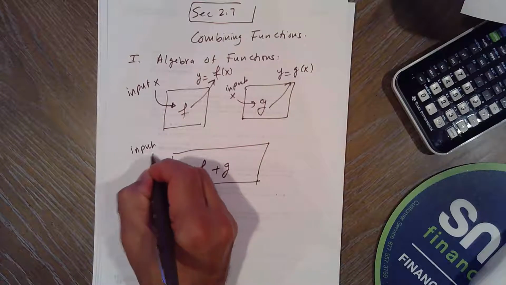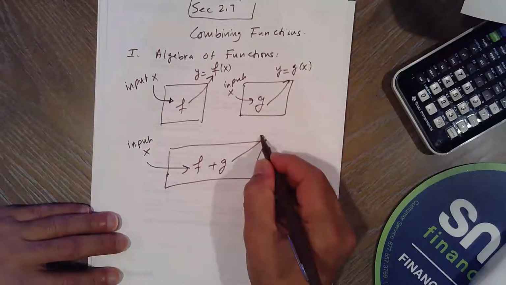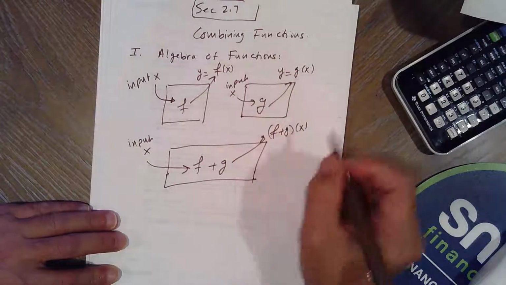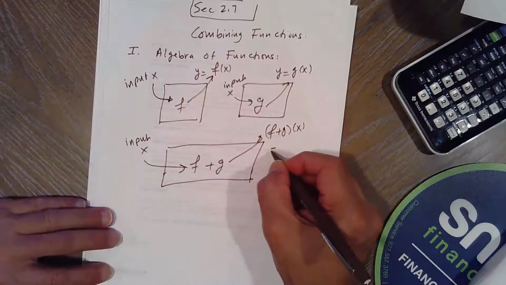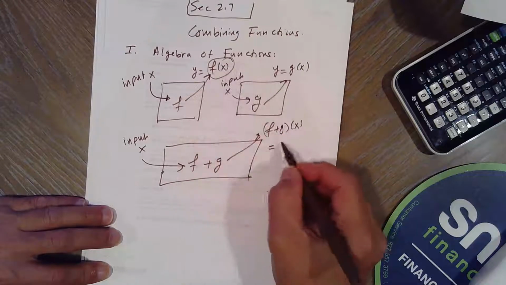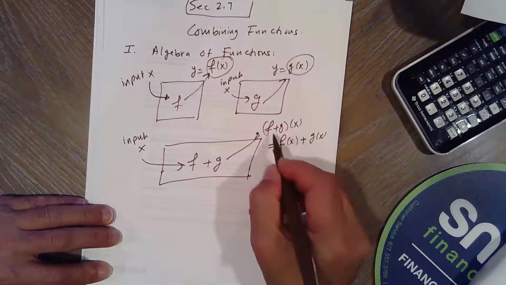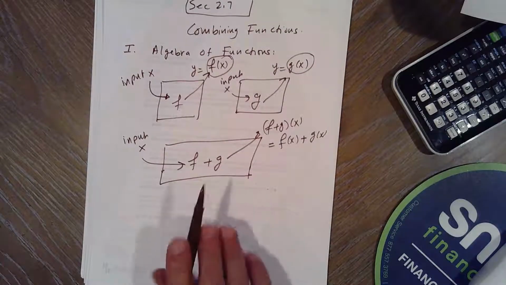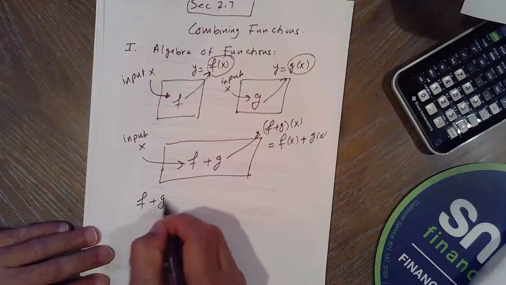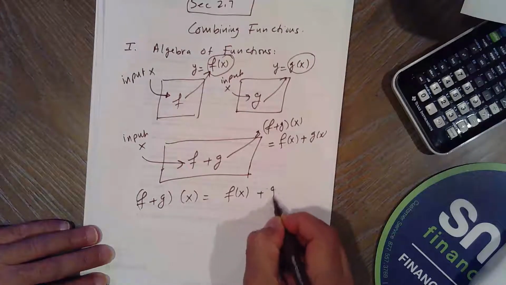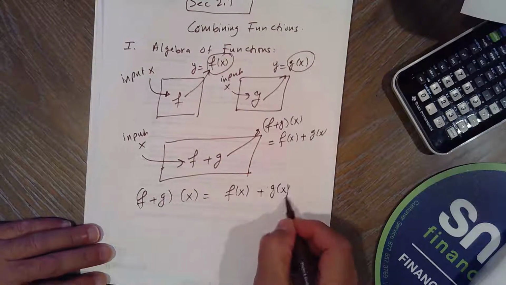For each input x into this new function, you get an output f plus g of x. But what is f plus g of x? It's the output you got from f and the output you got from g, and then you add them together. So to do f plus g of x, you just simply do f of x plus g of x. It's like distributing the x, but it's not distributing.